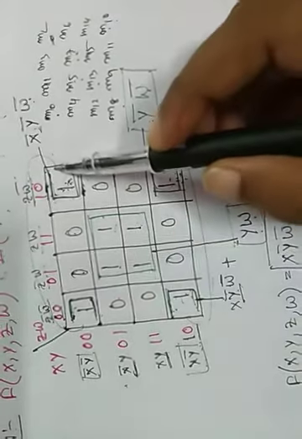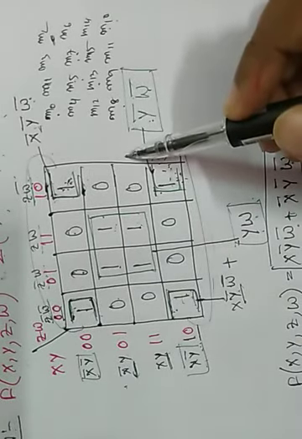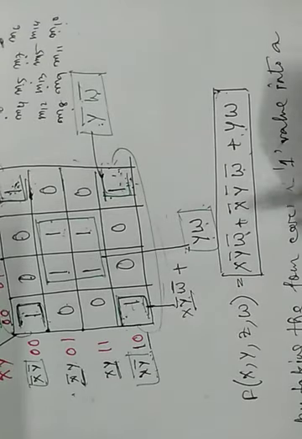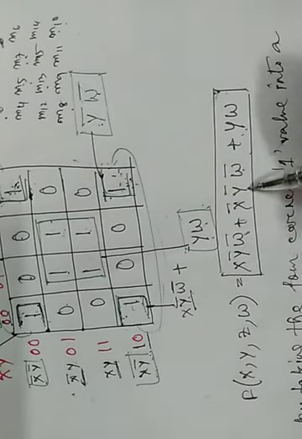So that's why, if possible, we take the maximum number of ones in a single group. In my first example I did not take these four ones in a single group, just for your understanding, so we get a Boolean expression which is not the least simplified form.